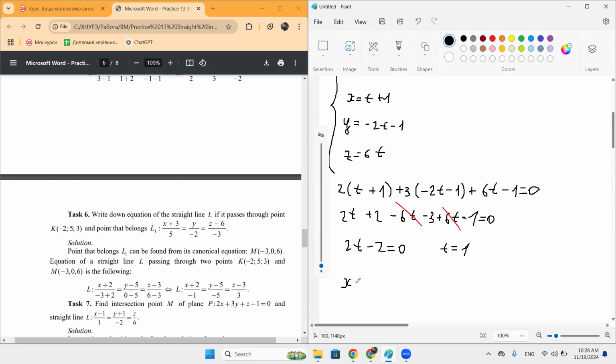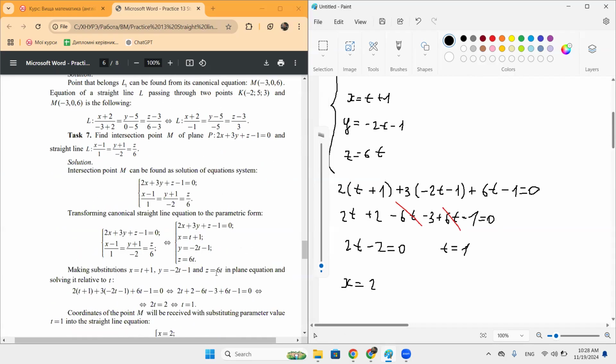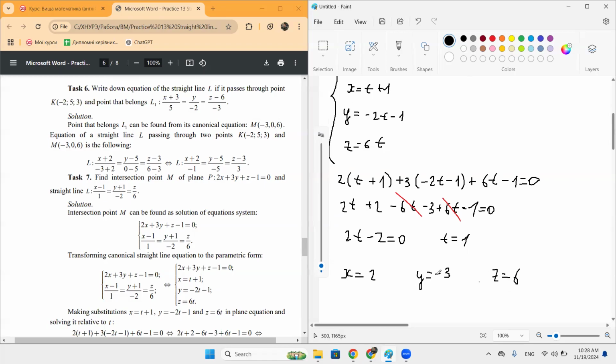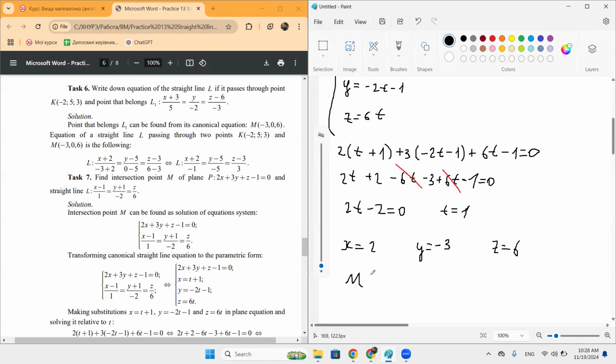So x equals 2, y equals minus 2 minus 1, so minus 3, and z equals 6. And the final answer, the coordinates of the point M are the following: 2, minus 3, 6.